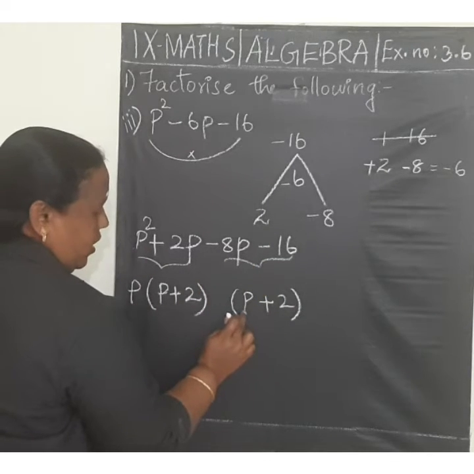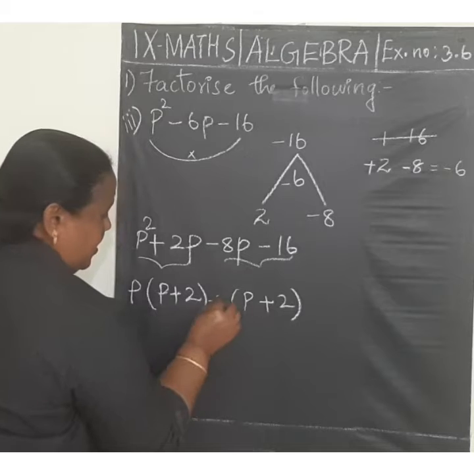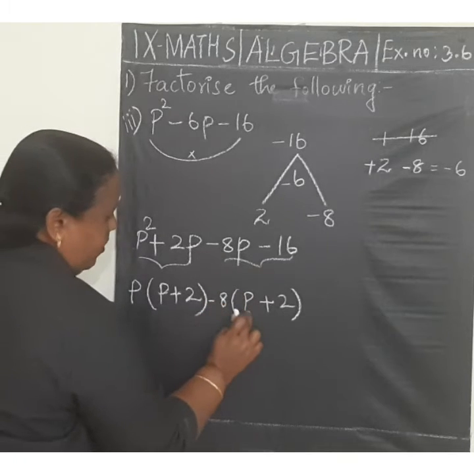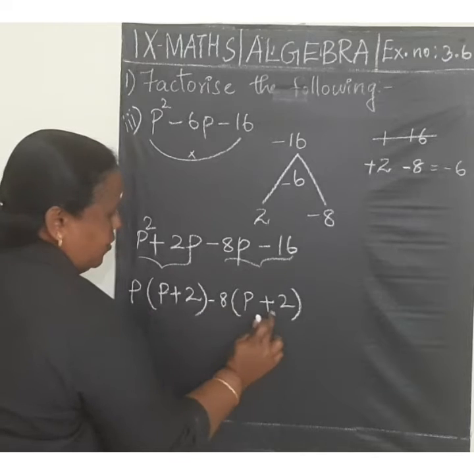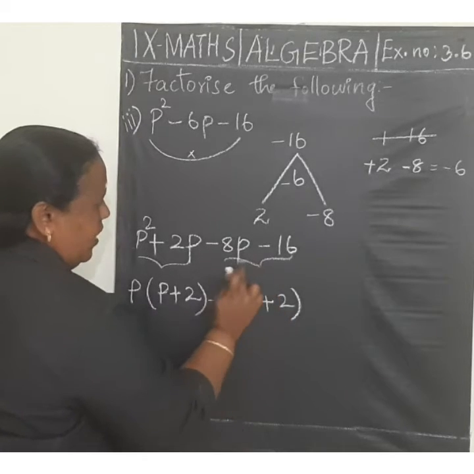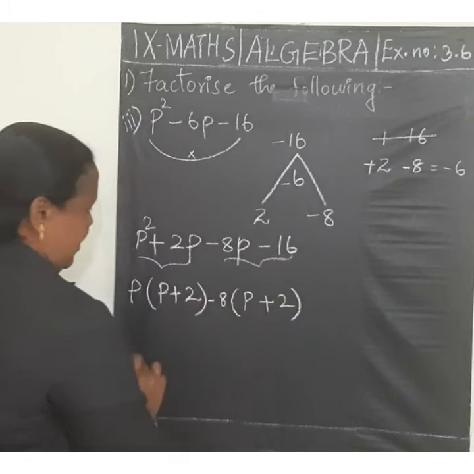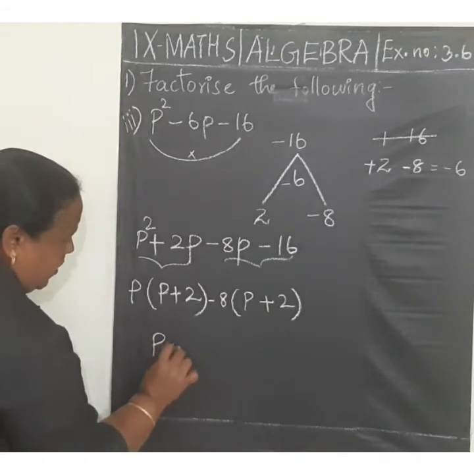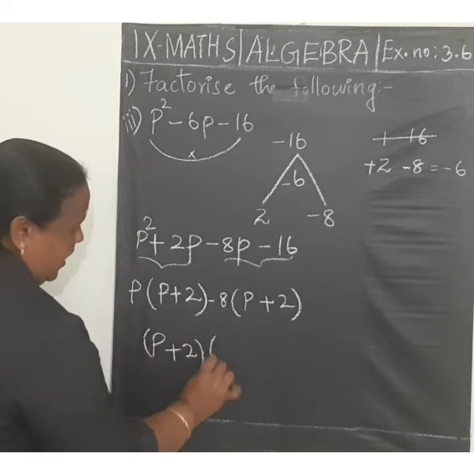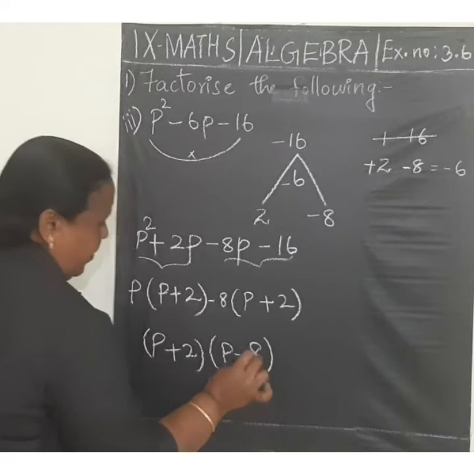So we want only p here, we put minus 8. So minus 8 into p minus 8p, and minus 8 into plus 2, minus 16. We are getting this term minus 8p minus 16. Now in this, p plus 2 and p plus 2 is common. So we are taking first p plus 2 also. Next the remaining is p minus 8.